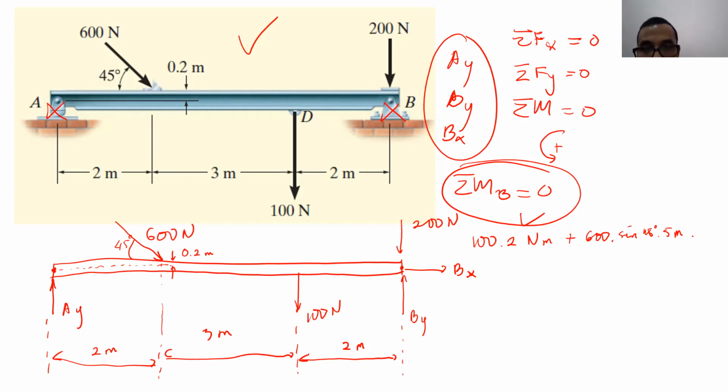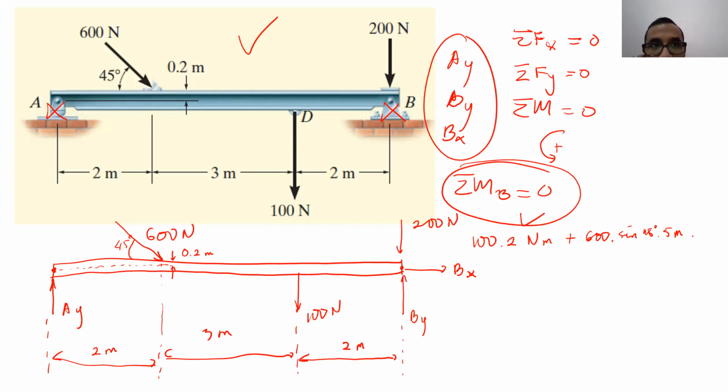Remember, P is exactly in the middle of the beam thickness-wise, right? P is exactly in the middle, but 600 Newton is actually happening on the top surface. And there is a 0.2 meter distance between the top and the middle. Yeah, so it's 600 cos 45. Correct.